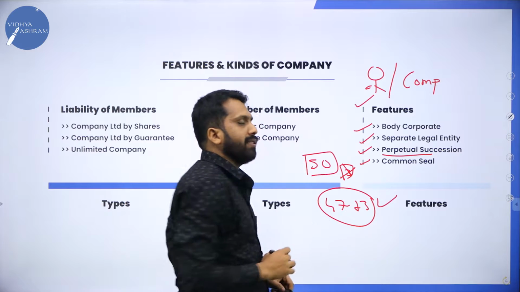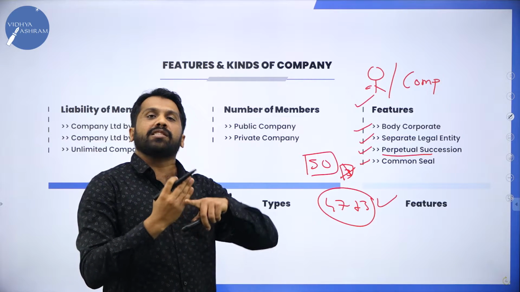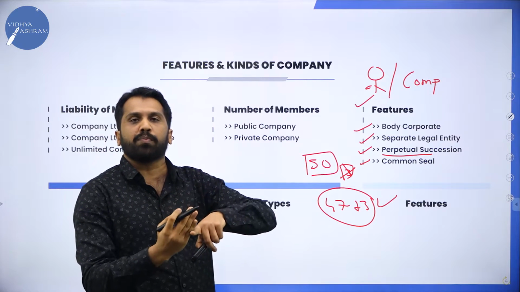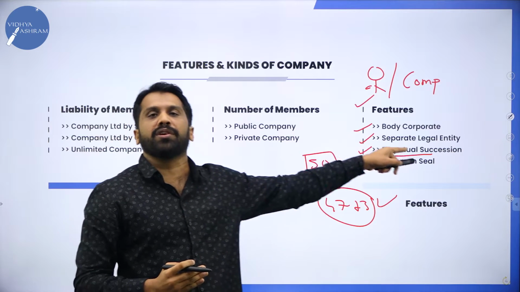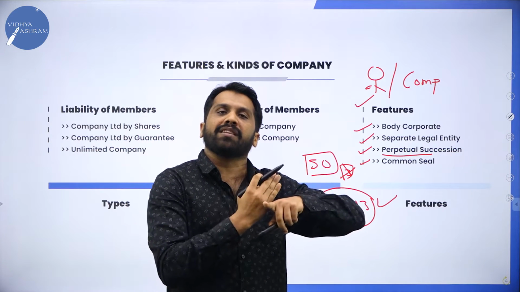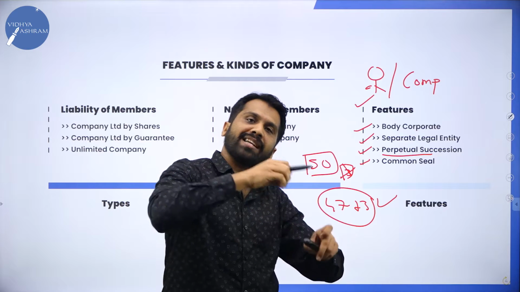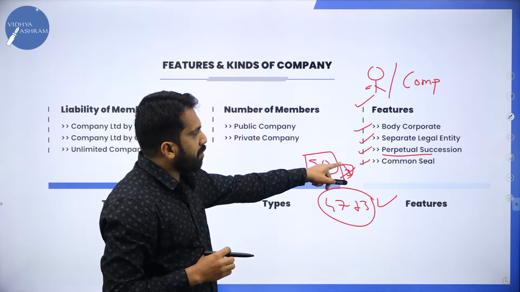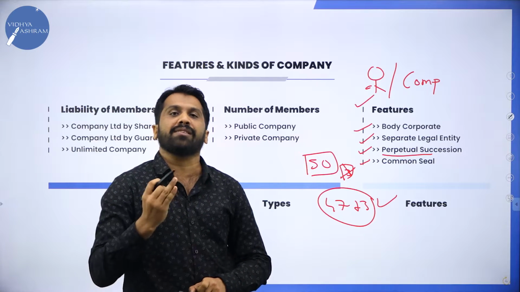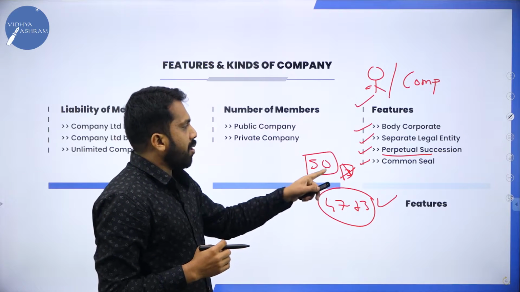So again they will run the show. In case of absence of 1 or 2%, the company will not end. The company will continue with the help of other members. That is called as perpetual succession. It will not close.